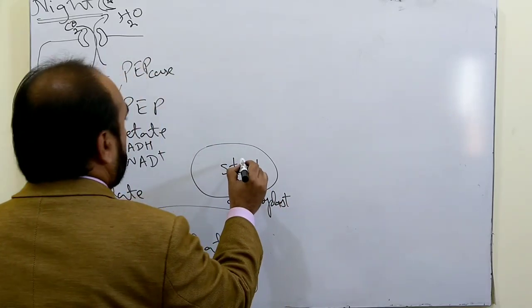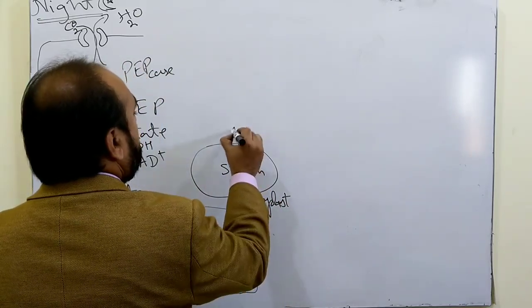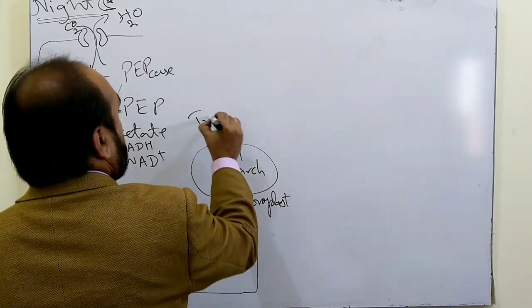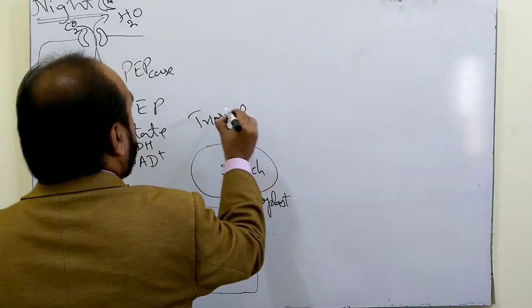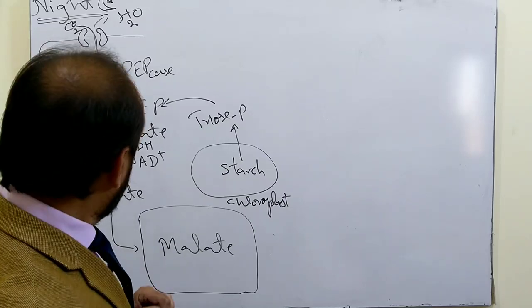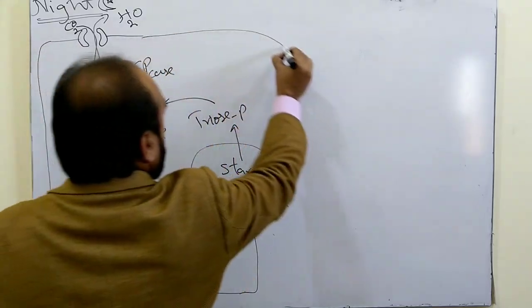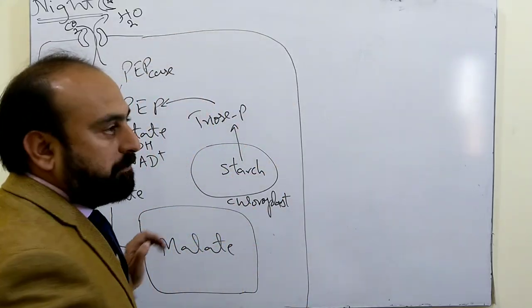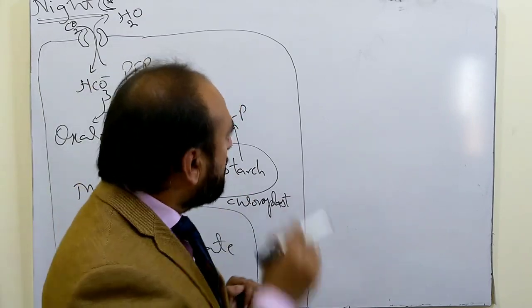This was made during daytime. This starch is converted into triose phosphate, which can form phosphoenol pyruvate. So in this way, carbon dioxide is fixed during night time.